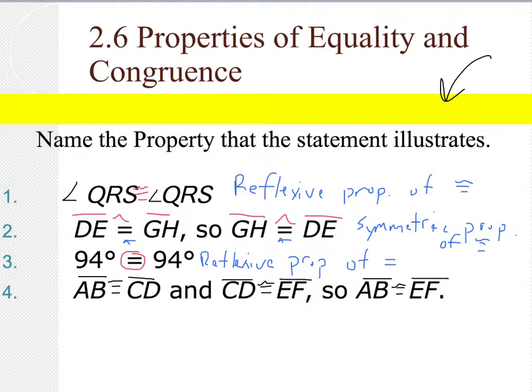If that is true, then AB has to be congruent to EF. There's only one property that makes that possible, and that is going to be your transitive property. Now the question is, what are we talking about? Transitive property of what? It is the transitive property of congruence, and can you explain why? I hope so, because we're talking about congruent symbols. So transitive property of congruence. We have congruent symbol at the top, which means we have our congruent symbol in the answer.